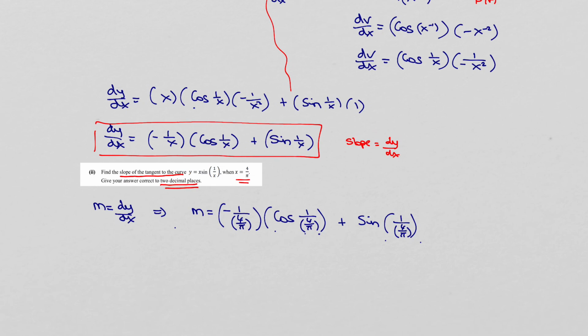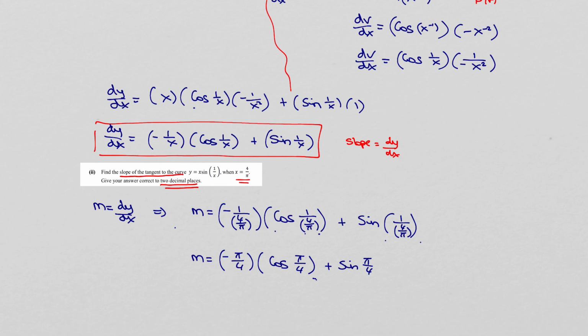So I can tidy that up, or you can put it straight into your calculator. If I'm dividing by a fraction, I'm going to turn it upside down and multiply. So that's going to be minus pi over 4 times cos pi over 4 plus sine pi over 4. And of course, pi over 4 is 45 degrees.